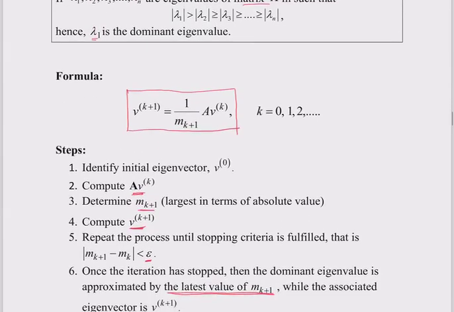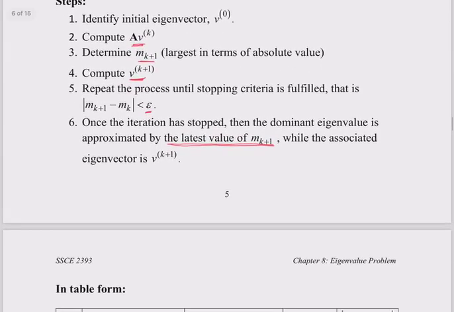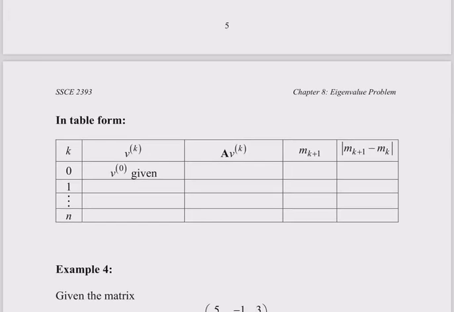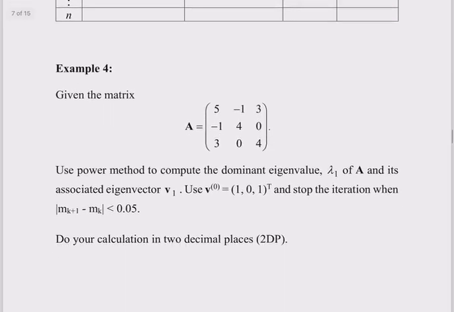So these are the steps for how we can find the largest eigenvalue. And we can put it in table form. Given the initial eigenvector, we must stop our iteration when the stopping criterion is satisfied. So let's look at example 4.